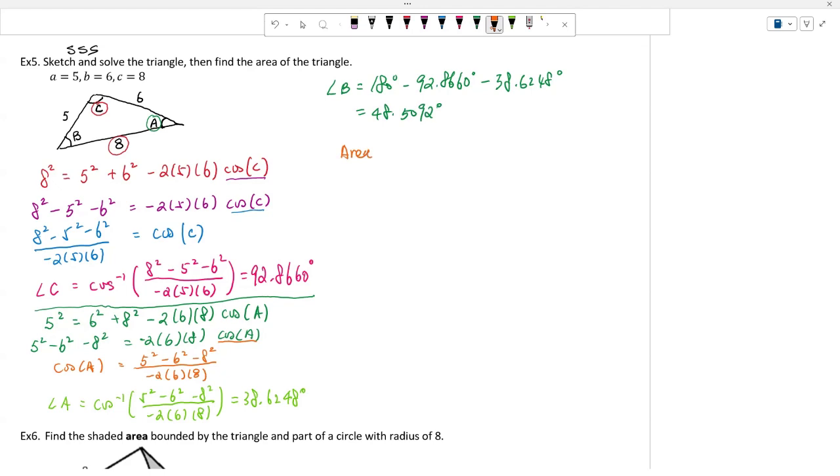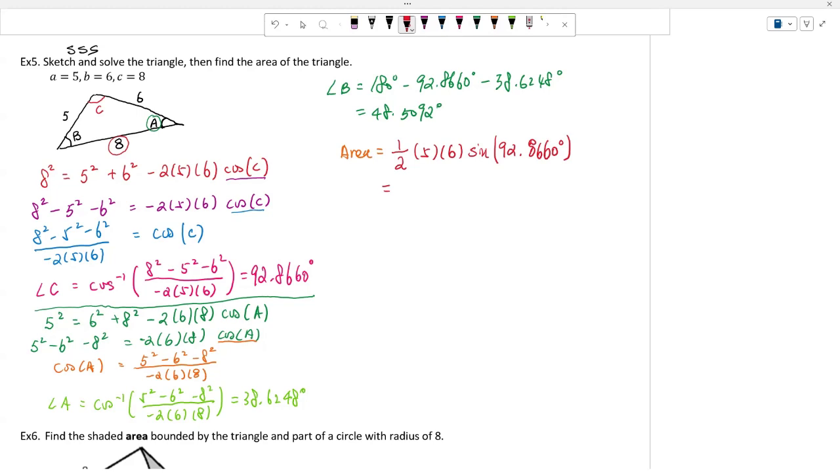So then the area of the triangle. For this one, we could use any angle we want, but since we first found the angle C, why don't we use the angle C to help us finish the problem? So it will be 1/2. If we work with the angle C, then we need to use the adjacent sides, which are 5 and 6. So 1/2 times 5 times 6 times sine of 92.8660.